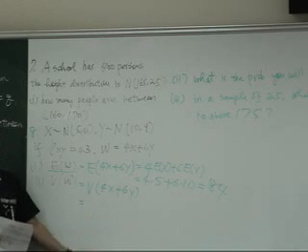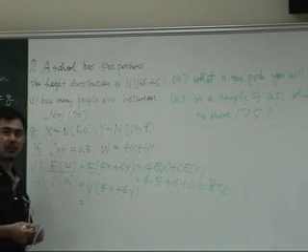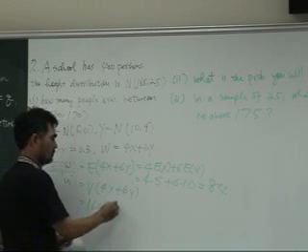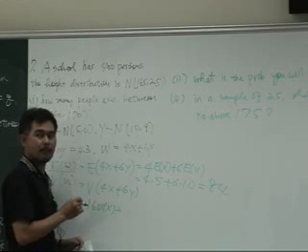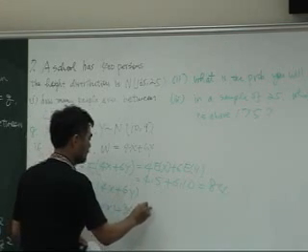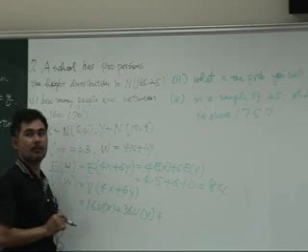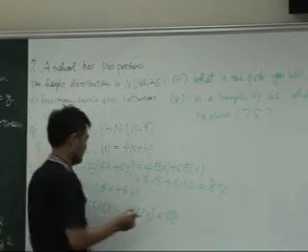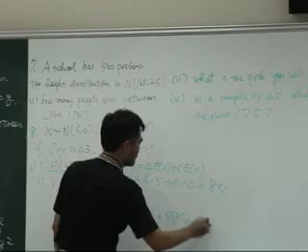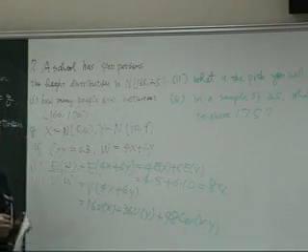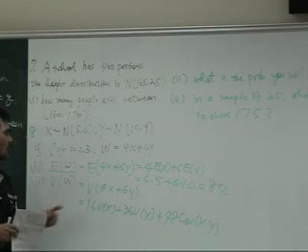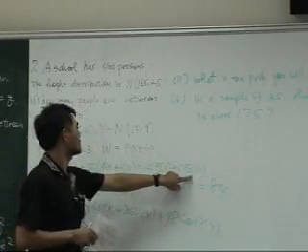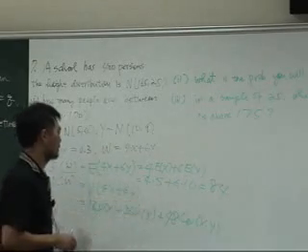What should be here? 16 Vx and then 2 times 4 times 6, that is 48, times the covariance of xy. Oh, sorry, it is 6 times the expectation of y.